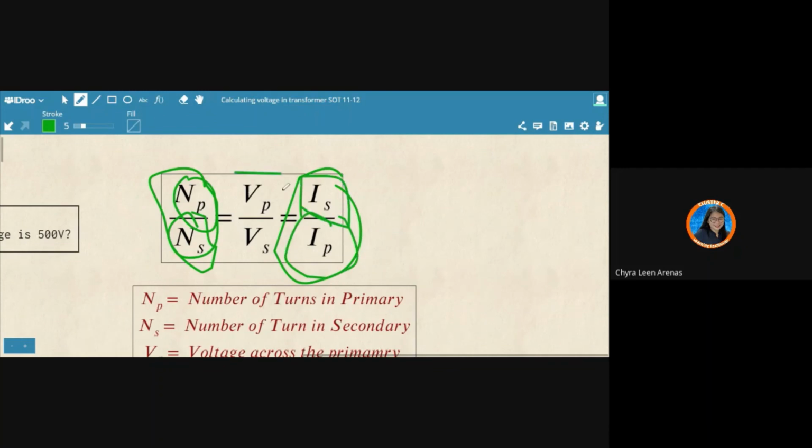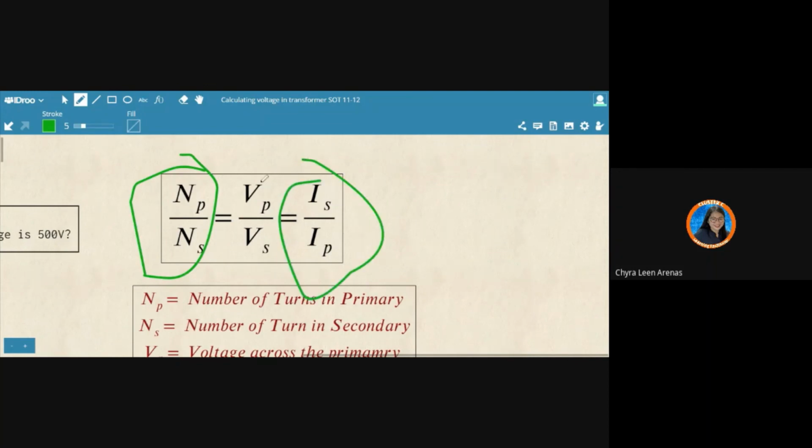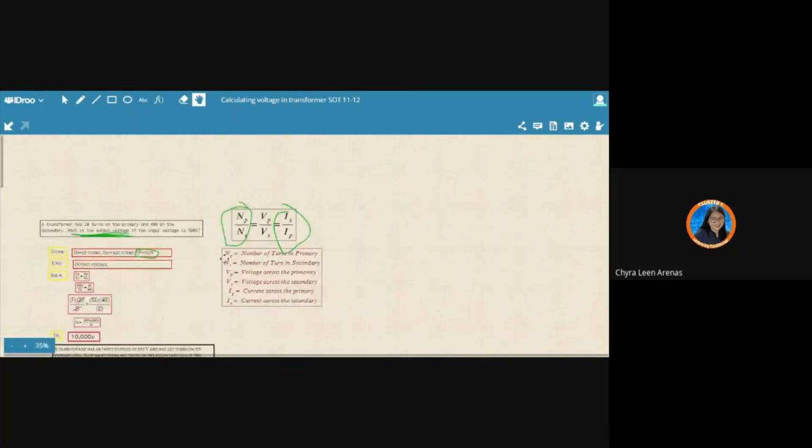Even though you already have the given VP, it's okay, because we only need to get IS. That's why the formula that we are going to use is NP over NS is equal to IS over IP. So let's go back to the problem.